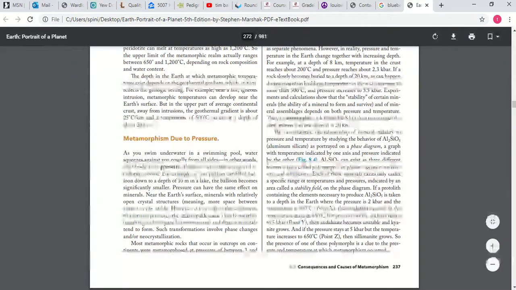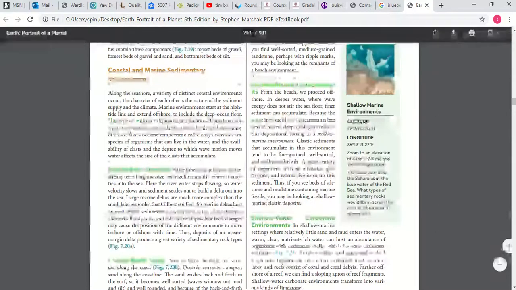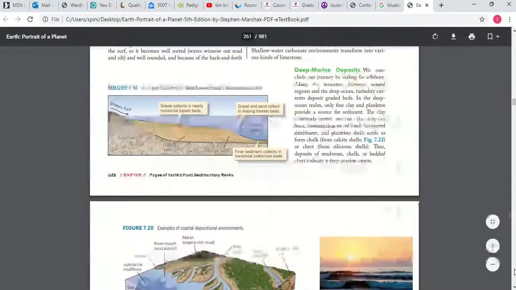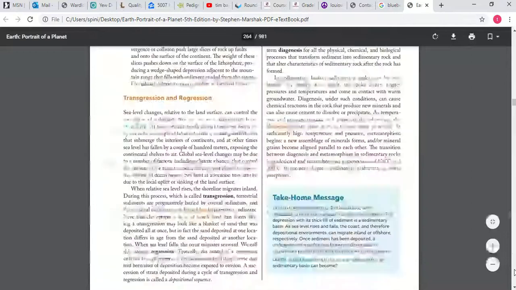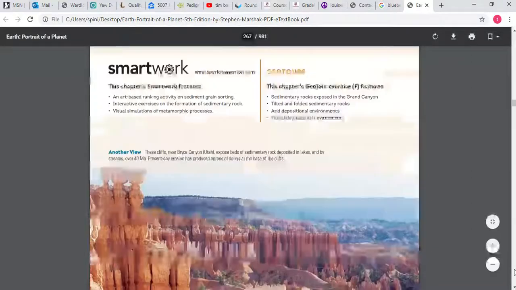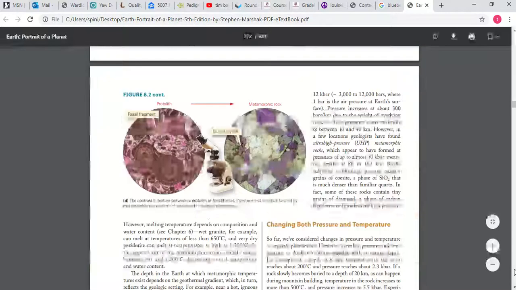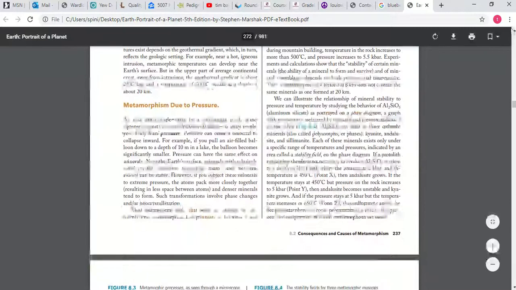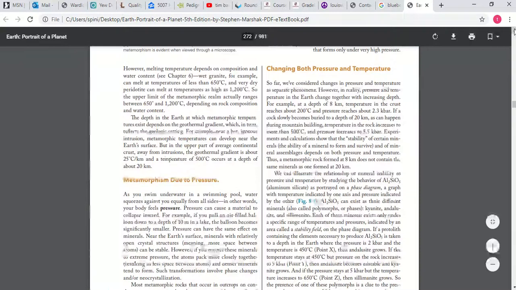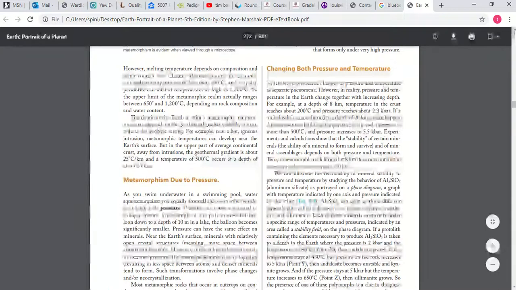So let's keep going here. Can rocks change from pressure and temperature? And the answer, of course, is yes. We've already kind of looked at that. As you increase pressure, you can, in fact, increase temperature at the same time.